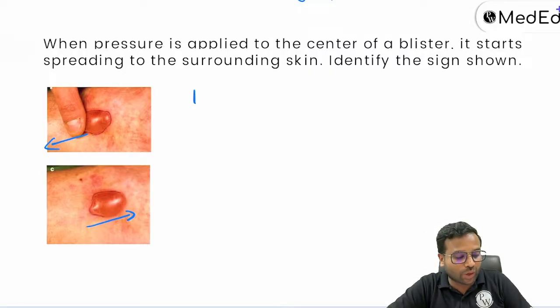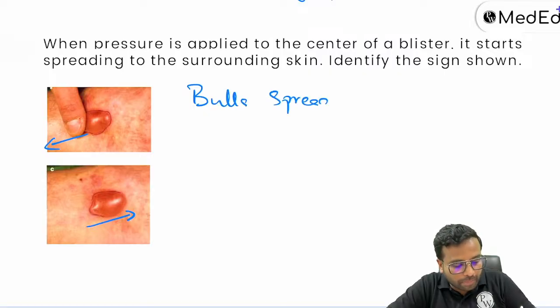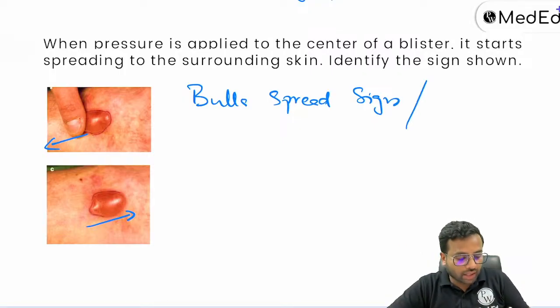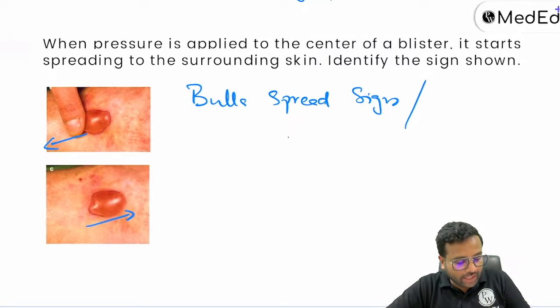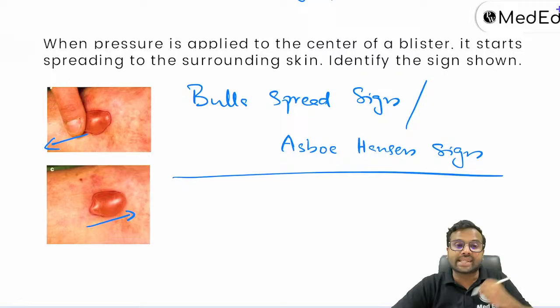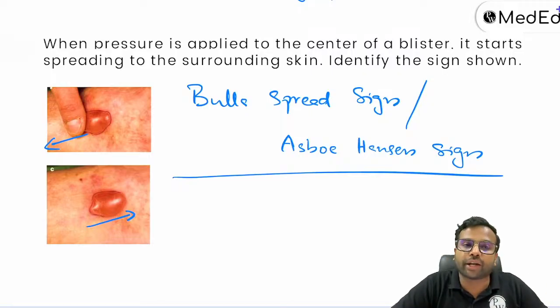This is also called a bulla spread sign, or a variant of this can also be mentioned as, any idea? Asboe-Hansen sign. And what can be the examples where you can see this kind of sign?